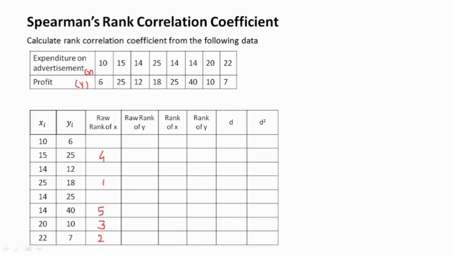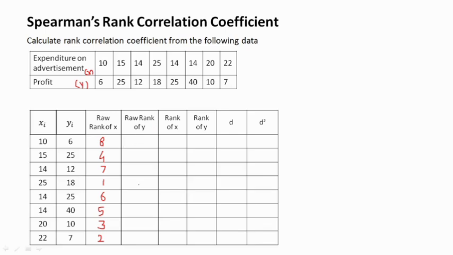The 14 occurs more than once, so first this is the raw ranking: we rank it as 5, 6, and the next 14 as 7, and the smallest value is 10, so its rank is 8. Please remember that whatever the number of data points, your rank should go up to that number. This is the raw rank of X. I am taking the raw rank for better understanding; later you may skip the raw rank of X and raw rank of Y and directly find the rank of X and rank of Y.